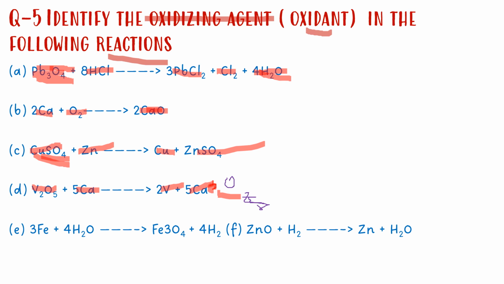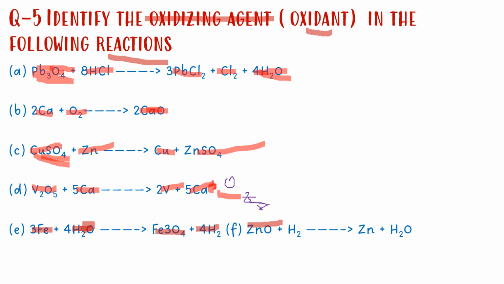The last question is about iron reacting with water to form iron oxide, that is Fe3O4, ferric oxide, and hydrogen is liberated. In this, water is the oxidizing agent because it has oxygen in it.